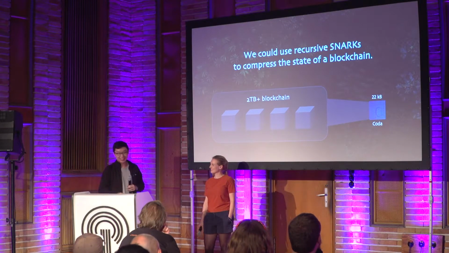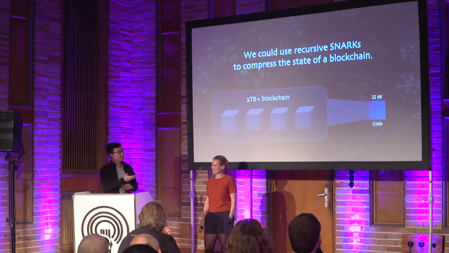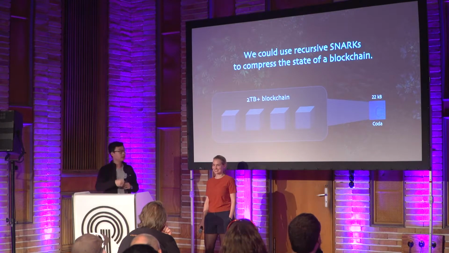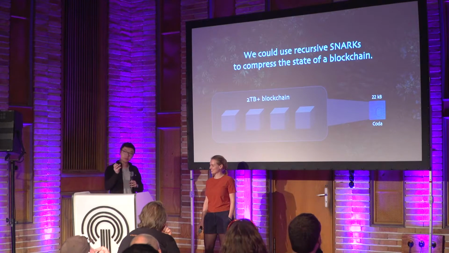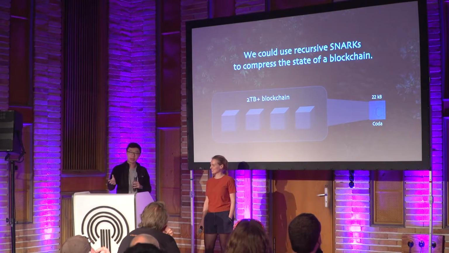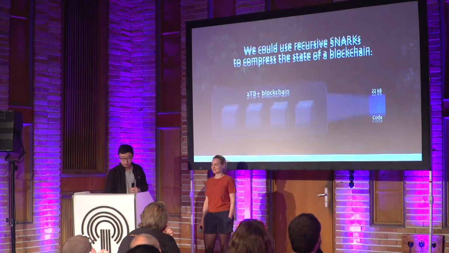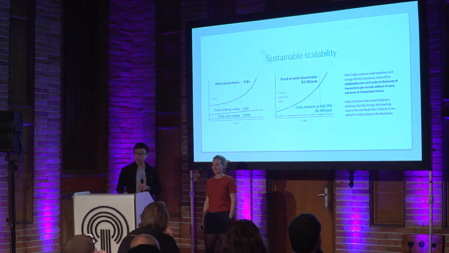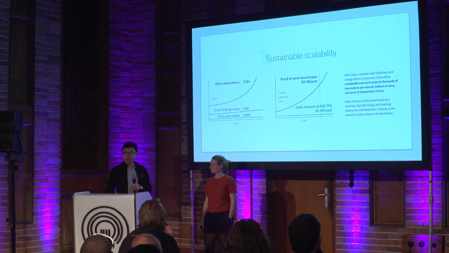A lot of proofs. And so, with this example, it's effectively trying to take something that's, for example, 2 terabytes plus of a blockchain, and compressing blockchain state down into something that's under 1 megabyte. And the hope is that by compressing the blockchain down to this constant size blockchain, we can achieve sustainable scalability.